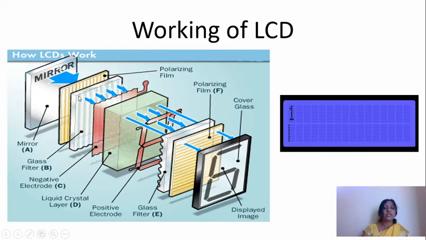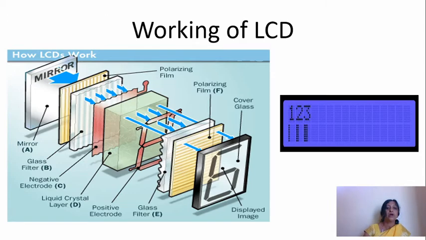When the light is passed through the vertical polarization filter, polarization takes place. Polarization means the light wave is confined to move in a particular direction.